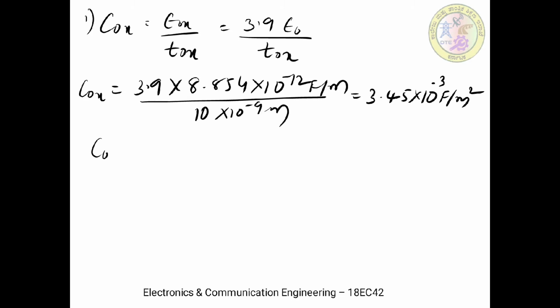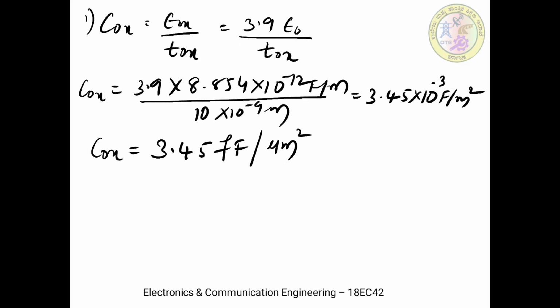With a little modification, this can be represented in femtofarad per micrometer square, so this will be equal to 3.45 femtofarad per micrometer square.